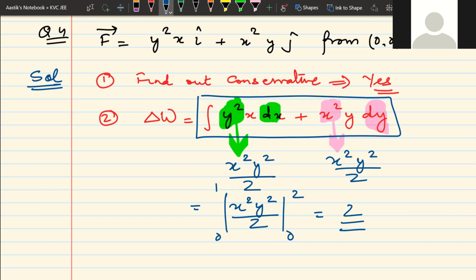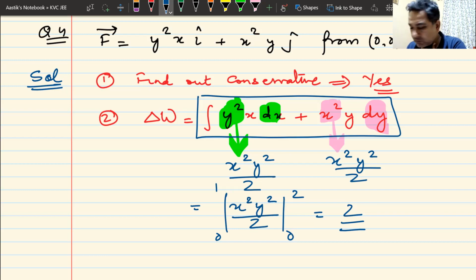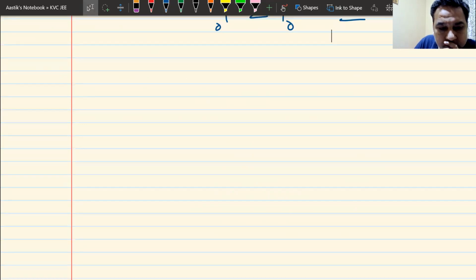Anyone understands this? You all got this?